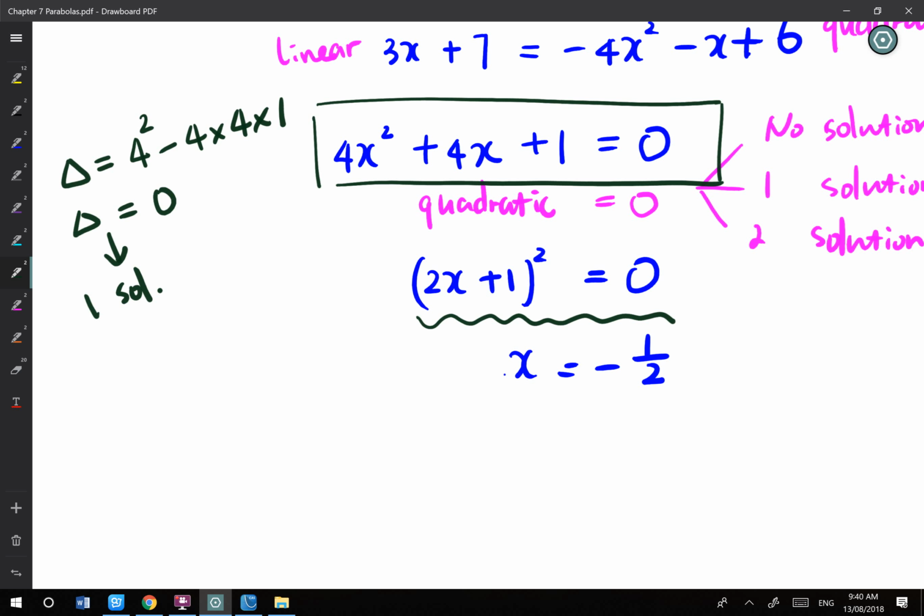So if I'm not interested in what the intersection is, and I just want to know how many intersections I will have, you can just do the discriminant after this step.